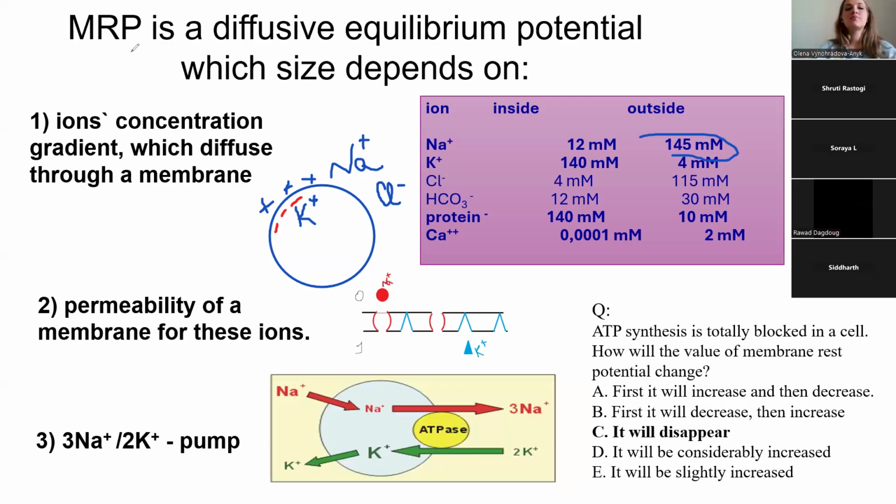Second factor is the permeability of the cell membrane. For you to understand this process more easily, please look at this scheme. Outside sodium, you see, it is like a circle. Inside potassium, it is like a triangle. Permeability is a physical characteristic. It means how many channels, how many holes we have in the membrane for one or the other ion. For which ion is the permeability higher, according to my picture?